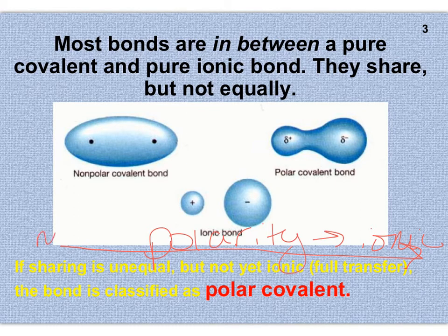And when you have a nonpolar covalent, it's a completely nonpolar bond. So it's really a continuum, and where we decide to draw the line between covalent and ionic is somewhat arbitrary.